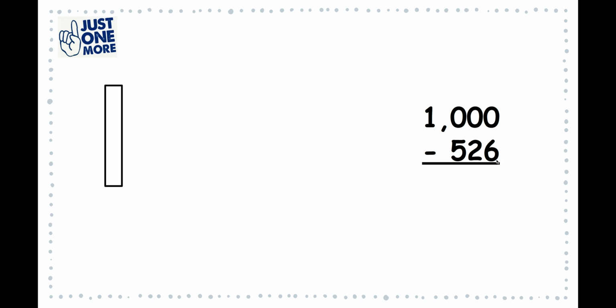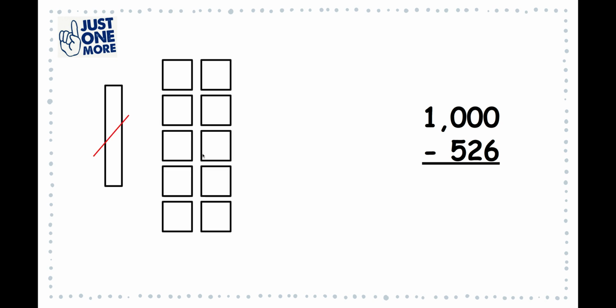Well, I have more on the floor, so I need to go to my tens place. Oh, nobody's home, so I need to go to my hundreds place. Nothing there, so I need to go all the way to my 1,000. I need to break up this 1,000, make 10 hundreds, and in my equation, I no longer have 1,000, I have 10 100s. Now, I need to break up 100.